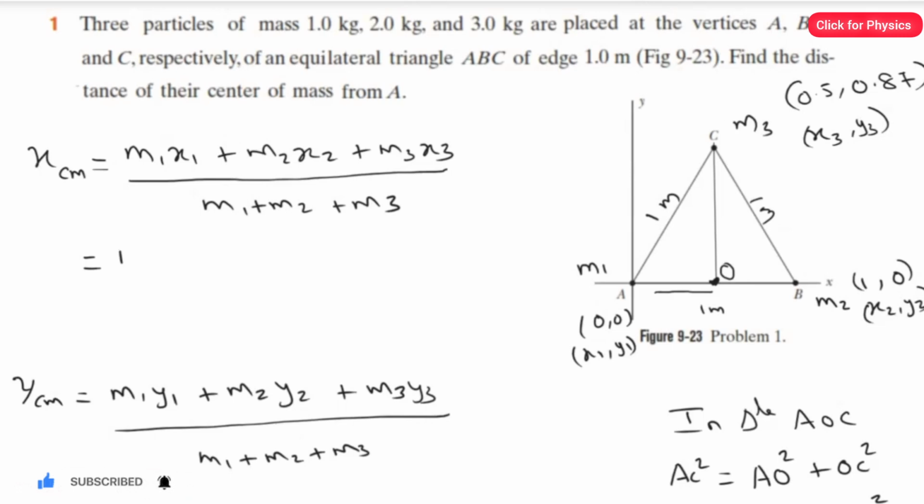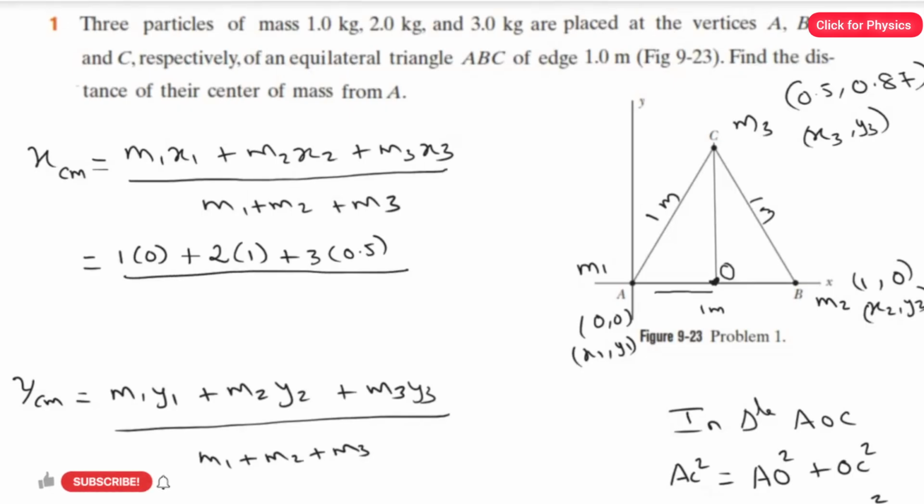So that means 1 multiplied by 0, because the x1 value is 0, plus the M2 value is 2 kilogram and the x2 value is 1. And likewise, the M3 value is 3 kilogram and the x3 value is 0.5, divided by 1 plus 2 plus 3.